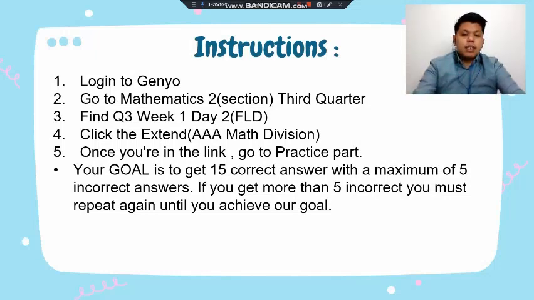But if you get 0 incorrect, that's better. If you get more than 5 incorrect answers, then you must repeat until you achieve our goal. Again, if you can do it perfectly, that would be great.